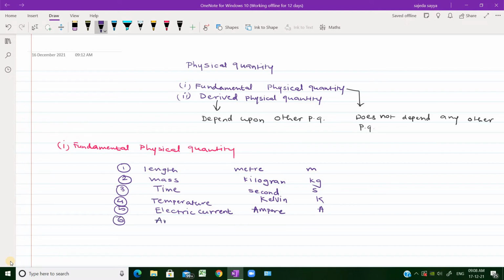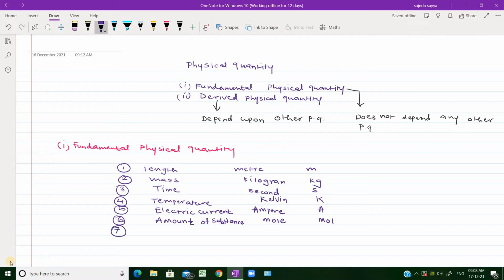Amount of substance. That is measured in mole. Its symbol is small mol.